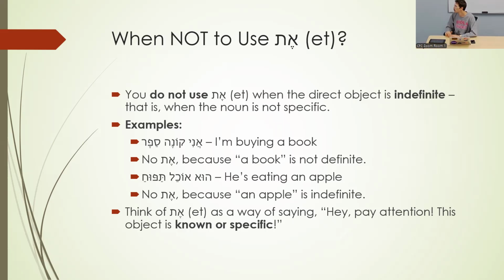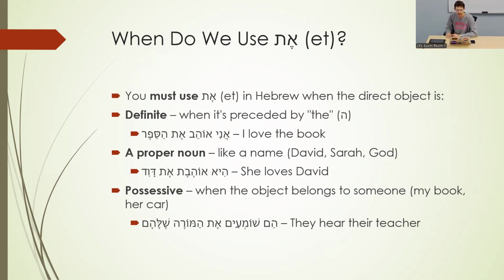I can't say hu ochel et tapuach. Doesn't work. Hu ochel et hatapuach. Et ha. Here I think it works. אני אוהב את הספר. Doesn't work with pronouns.